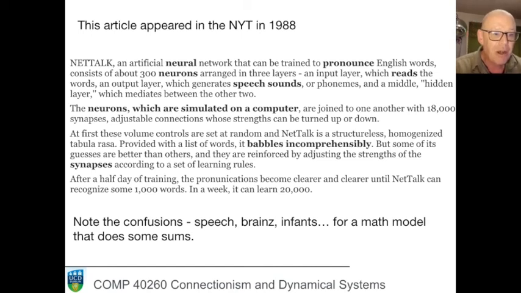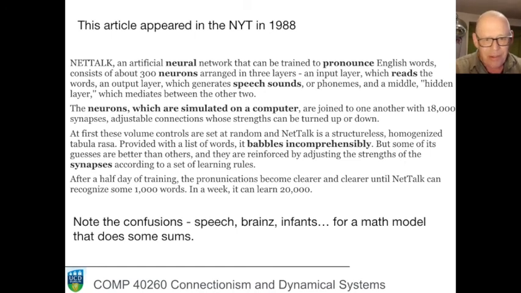It babbles incomprehensibly, but some of its guesses are better than others. It's changed by adjusting the strength of its synapses according to a set of learning rules. After half a day training, the pronunciations become clearer, and NetTalk can recognize some 1,000 words. In a week, it can learn 20,000. Look at these confusions.